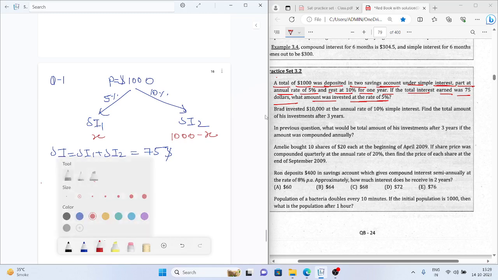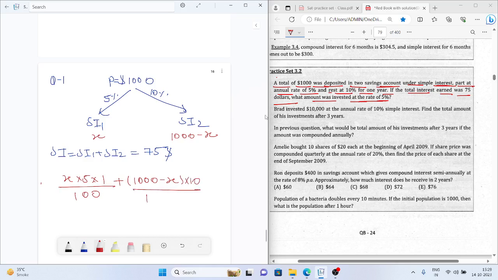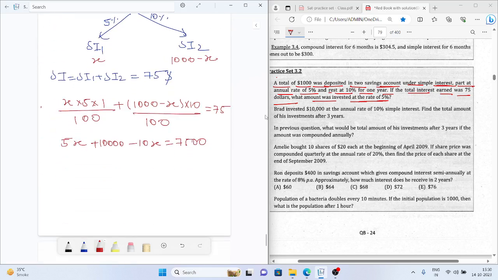Now you calculate the simple interest. For SI1, principal is X, rate is 5, time is 1 year, upon 100. For SI2, I write 10,000 minus X, rate 10, time is 1 year, upon 100, equal to 750. From this equation, you have to calculate the value of X. So this is 5X plus 100,000 minus 10X is equal to 75,000.